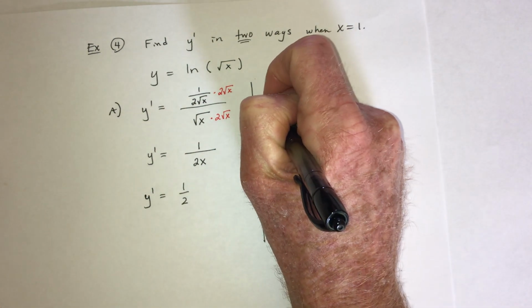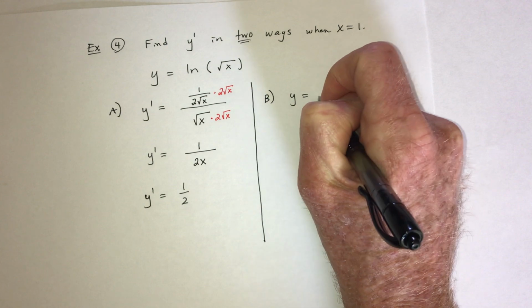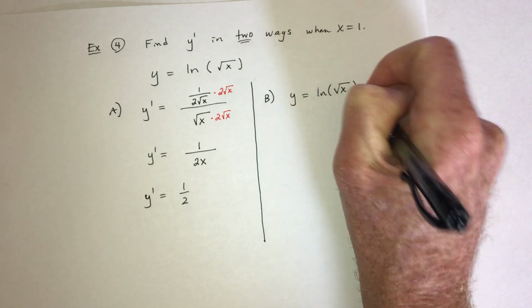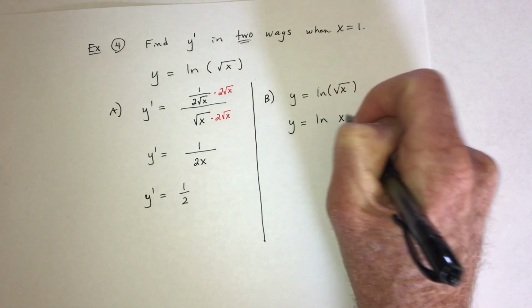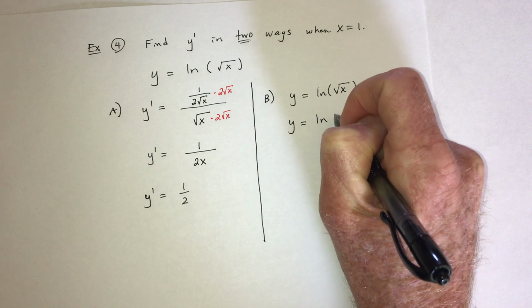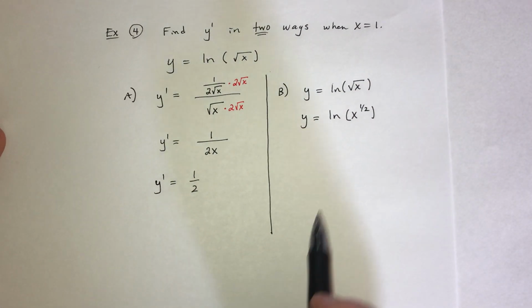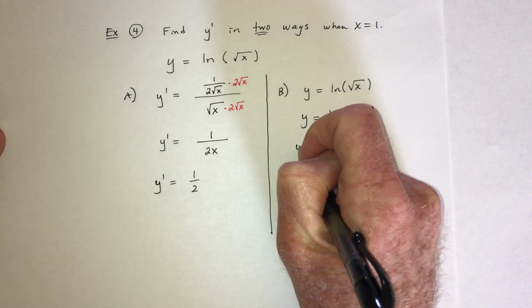And then for part B, how about if we do it a different way? So start off with this. Then what I could do is rewrite the square root as x to the 1/2. Now use the rule from logarithms that says you can take this 1/2, move it in front, and multiply.